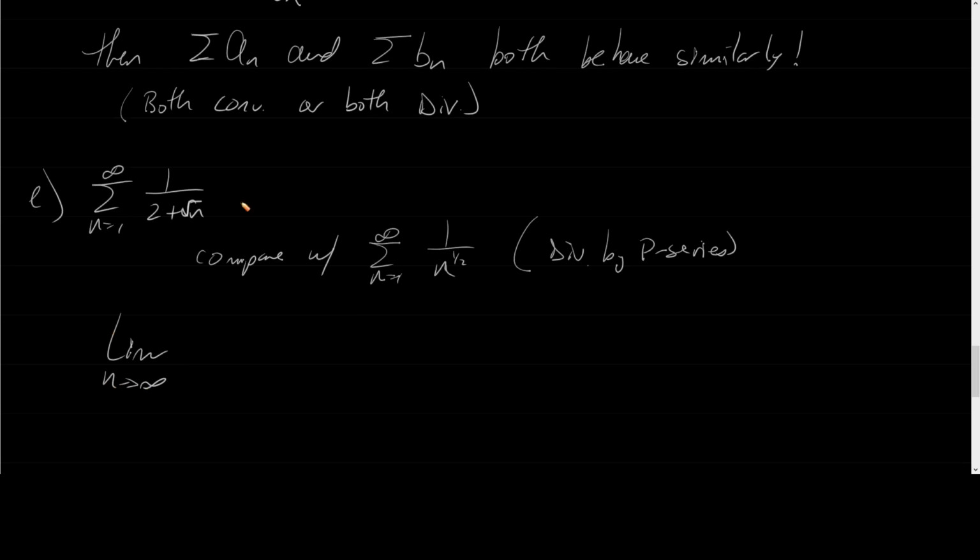It doesn't matter which one you call a sub n and which one you call b sub n. That part's irrelevant. You can put this one on top as the numerator and the other as the denominator, or the other way around.